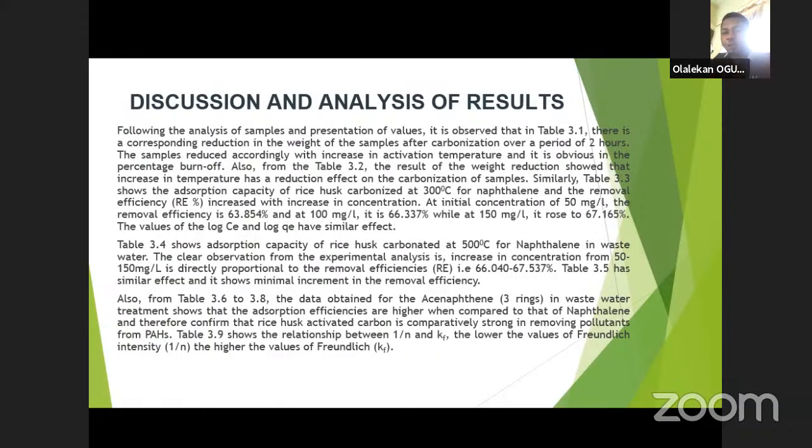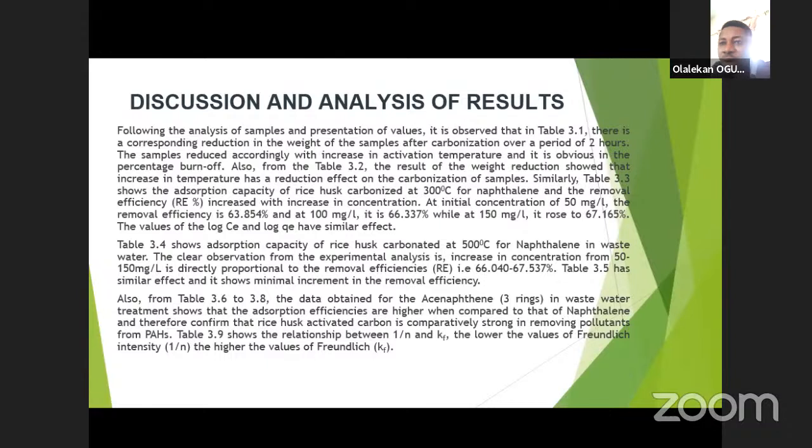And we've been able to show from our experimental data that using a well-prepared activated carbon would definitely provide a solution to the problem facing the environment from the angle of organic pollutants.